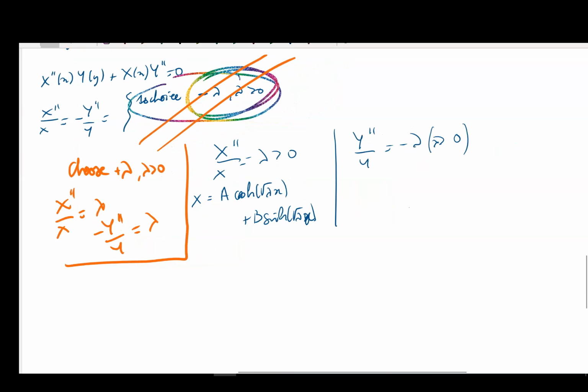And on the other hand, we get y second over y is equal to negative lambda. So that means that y is going to be c cos of square root of lambda y plus d sin of square root of lambda y.